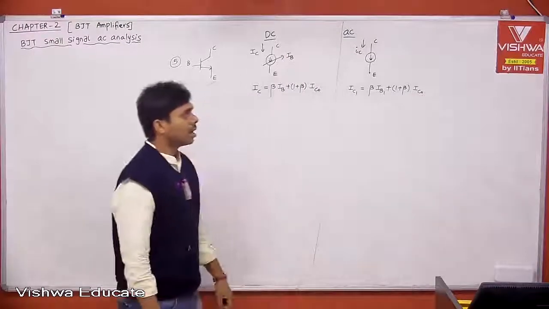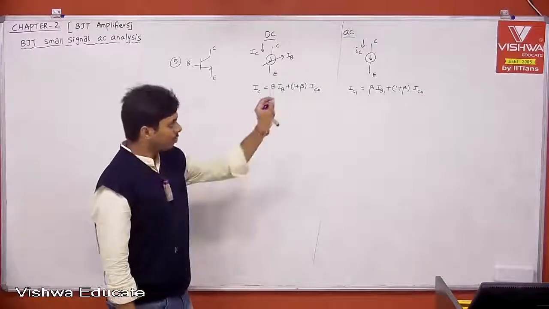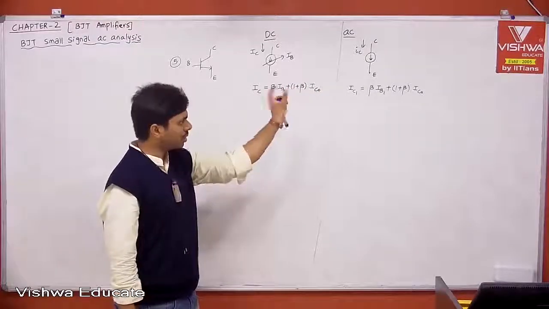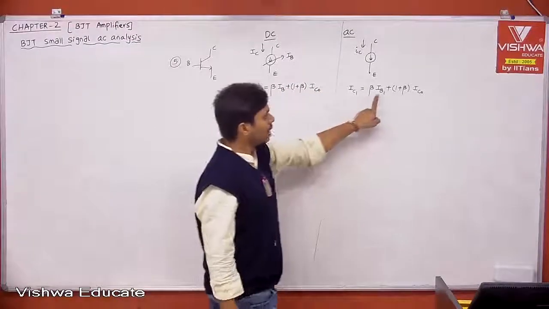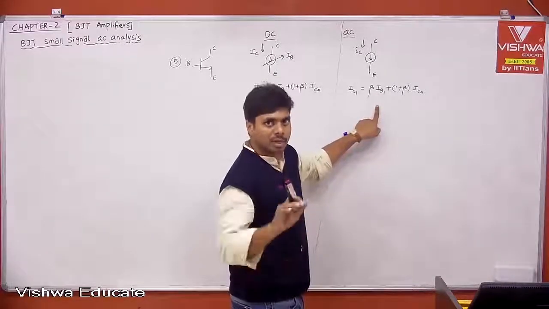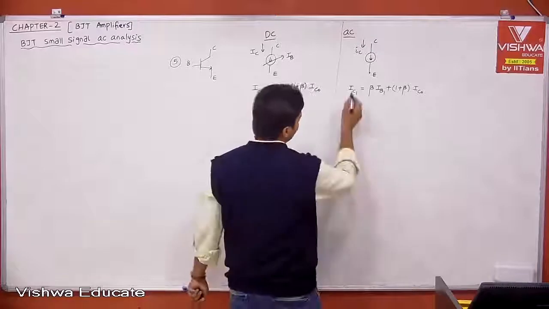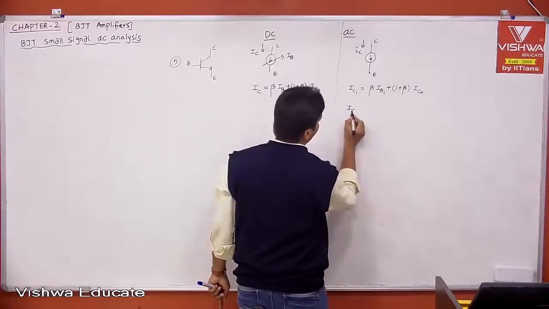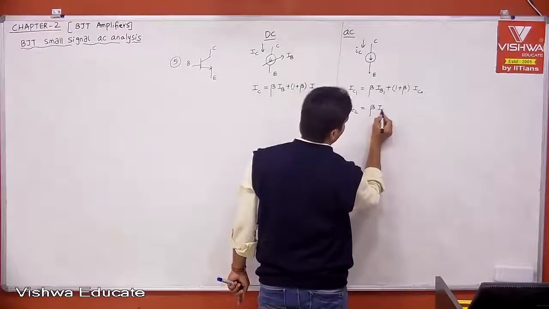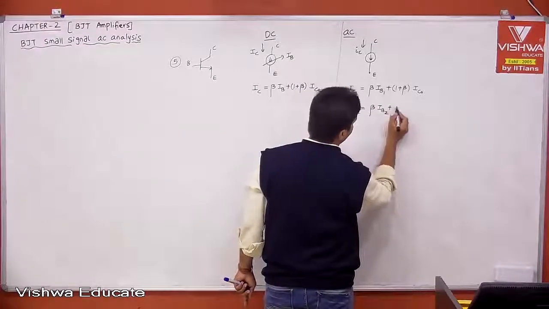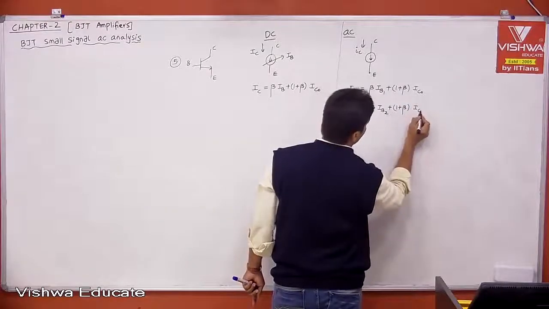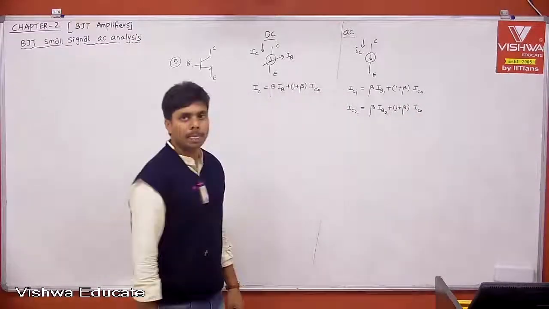Now this is the DC equation, point to point, static current to static current, DC current to DC current. But we know that this IB1 becomes IB2 with some time, right? It is a change. Then your IC1 will become IC2. Then IC2 is equal to beta into IB2 plus (1 plus beta) into IC naught, right?